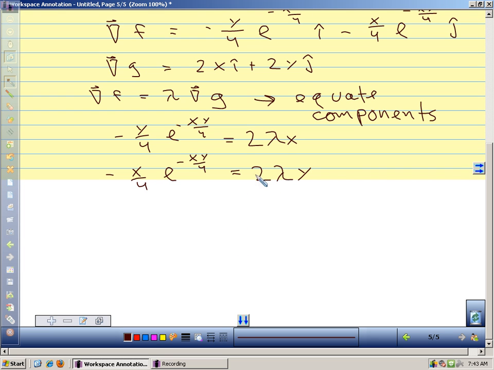And I'm going to solve each of these for 2 lambda.